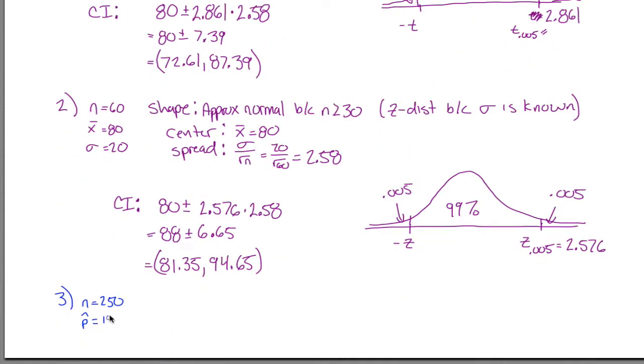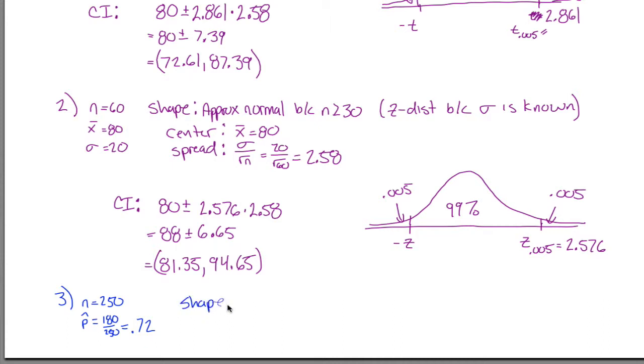So p hat is 180 divided by 250, which is 0.72. Okay, so that's all the information I need.